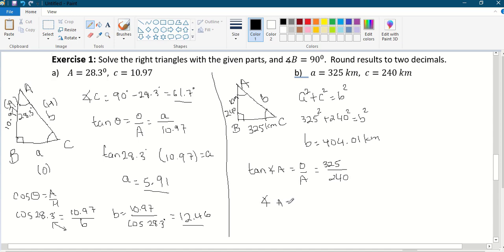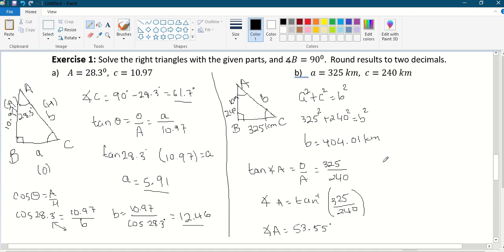So angle A equals tan inverse bracket 325 divided by 240. We get 53.55 degrees.